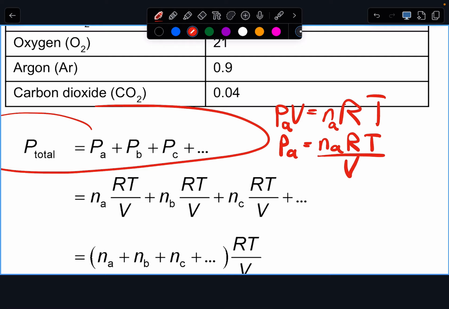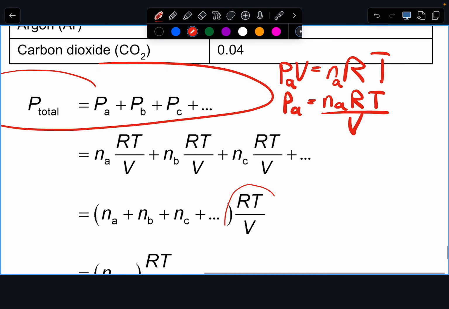Well, if T and V and R obviously are the same for every component of this mixture, you can actually pull that out, like factor it out. And now what you hopefully realize is that the pressure is really just dependent on the number of moles there. Like the pressure of each gas is going to be dependent on the number of moles of each gas.